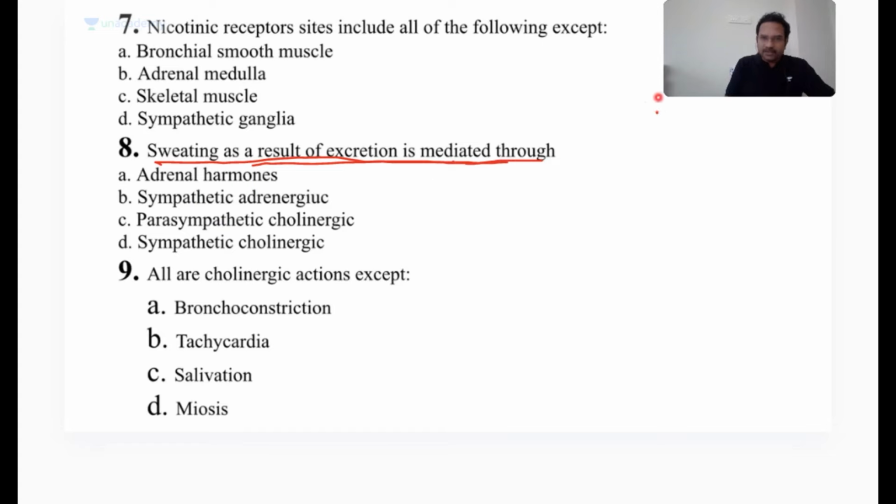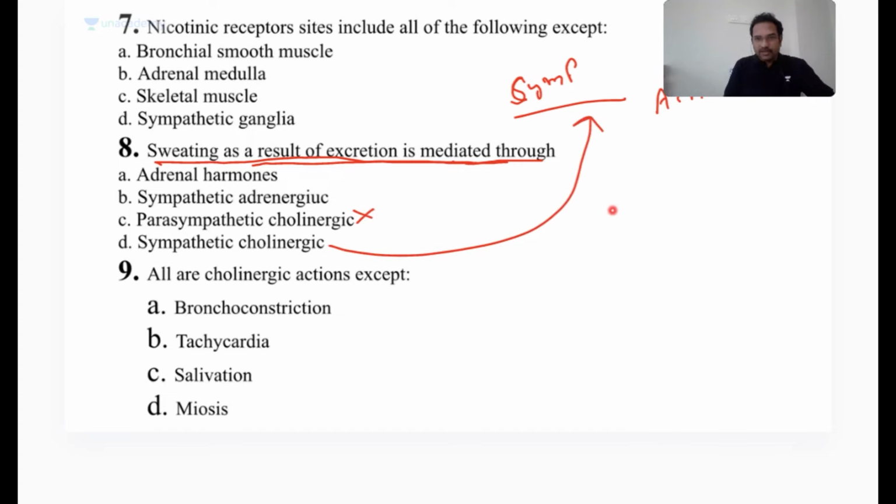The question asks about sweating as a result of excretion, mediated through. See, sweating is mediated through the neurotransmitter acetylcholine, but the neuron is considered a sympathetic neuron, not parasympathetic. It is considered as sympathetic system only. I told you in the class, when you see the autonomic nervous system, the classification is based on anatomy, not on neurotransmitter.